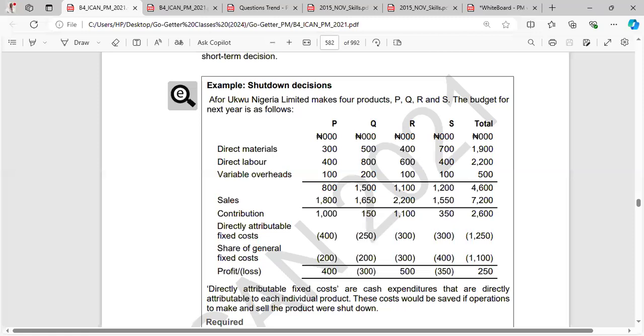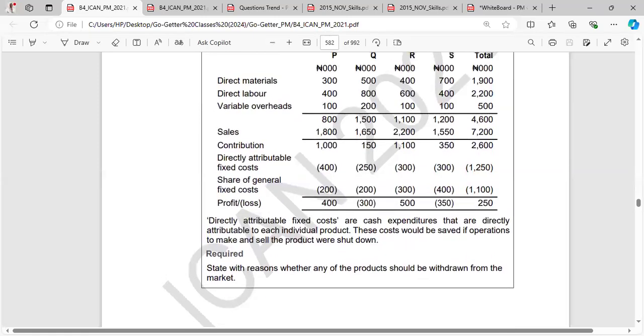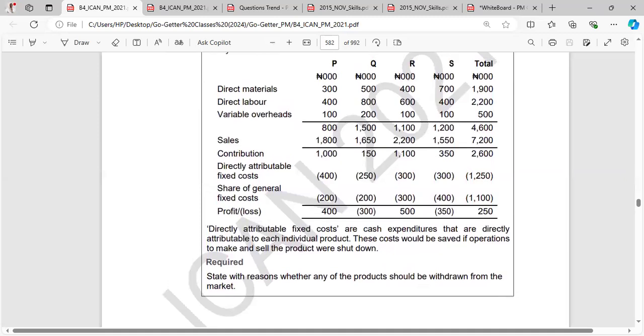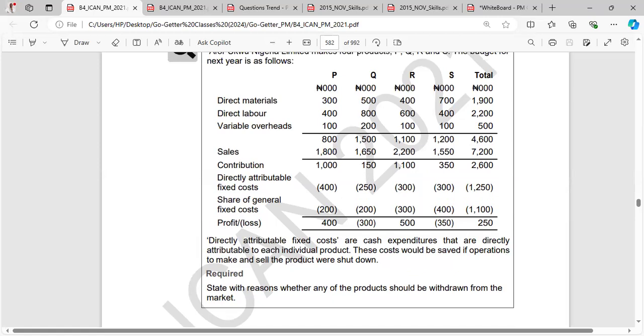And we are told that directly attributable fixed costs are cash expenditures that are directly attributable to each individual product. These costs will be saved if operations to make and sell the products were shut down. Then we are told, state with reasons whether any of the products will be withdrawn from the market.